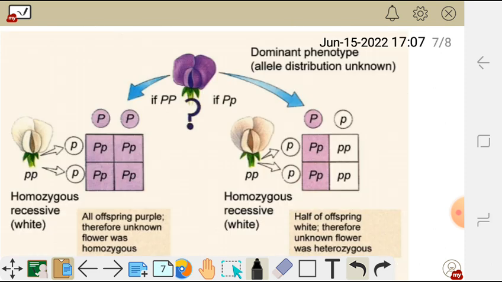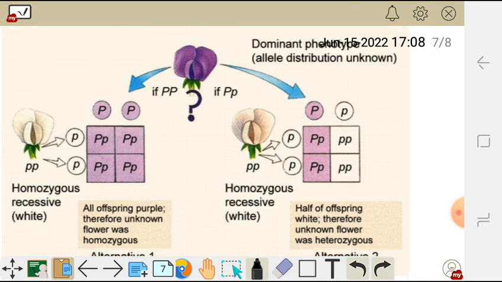To illustrate that, we have this diagram which shows a purple flower whose genotype is unknown, and we assume that this purple flower is homozygous dominant in the first case. Then we cross it with a homozygous recessive white plant.